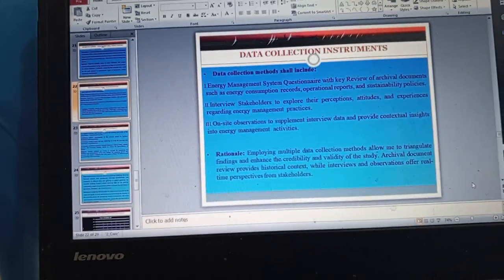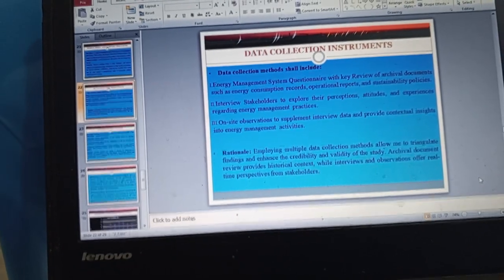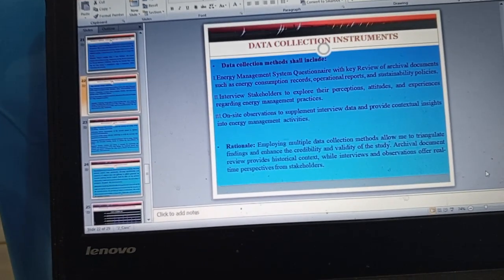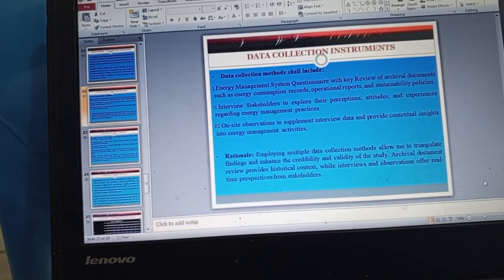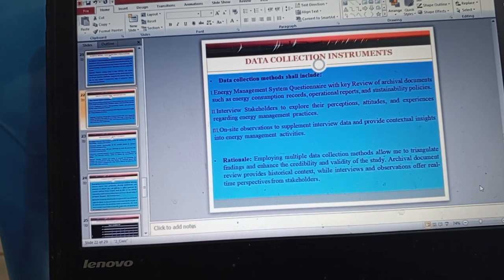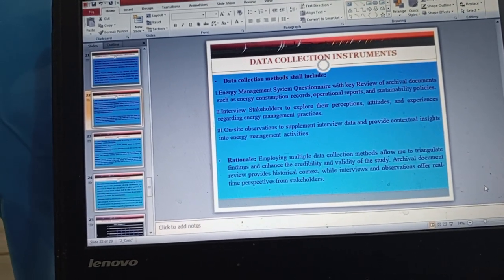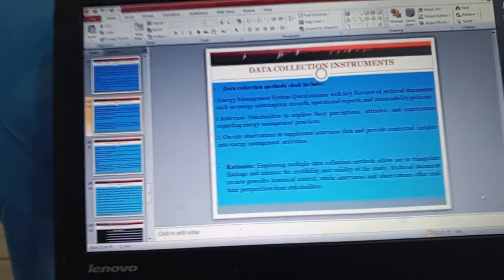This I've also already started conducting, collecting data. Then the other one is on-site observations to supplement interview data and provide contextual insights into energy management activities.